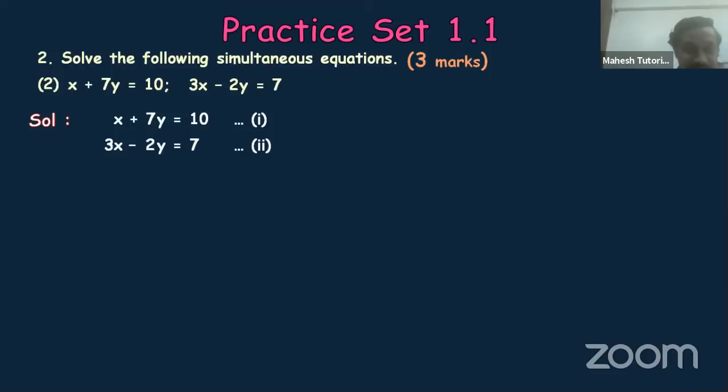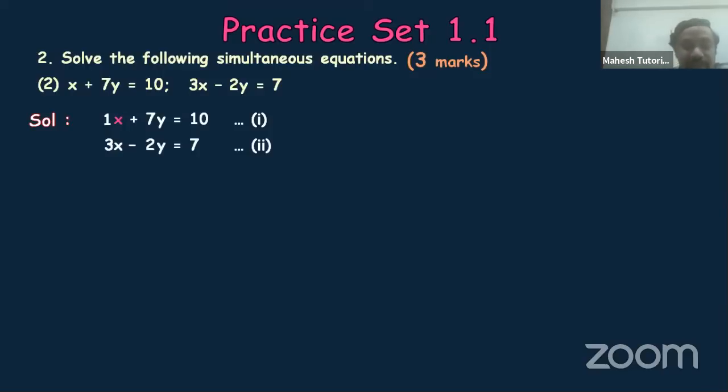Once again I repeat, we need to consider any one equation of our choice, but if you want to keep the calculation simple, select the equation where the coefficient is the smallest. Now if you look at equation number 1, can you tell me what is the coefficient of x there? Perfect, the coefficient of x is 1. It means the smallest coefficient is present in this equation.